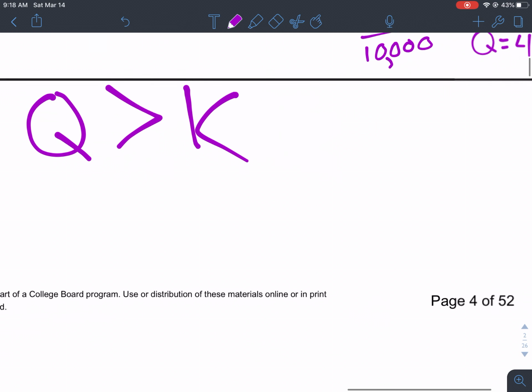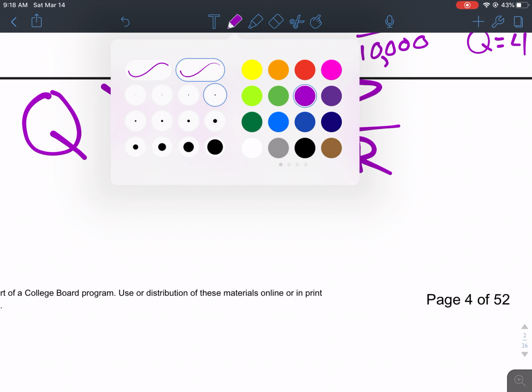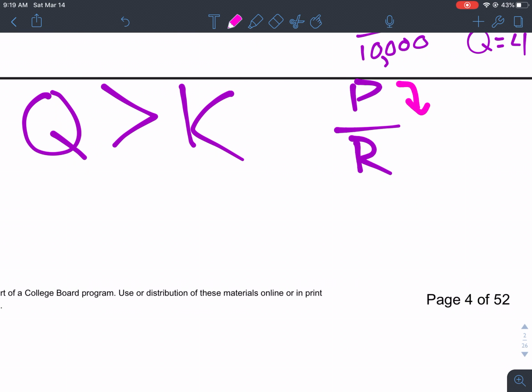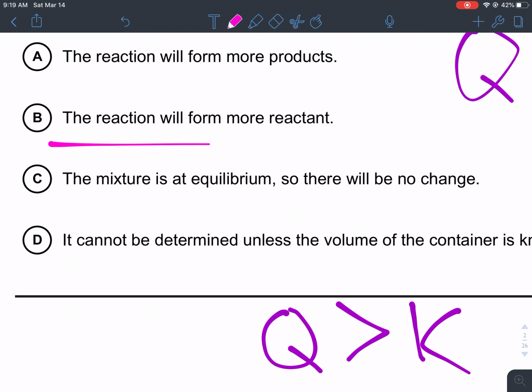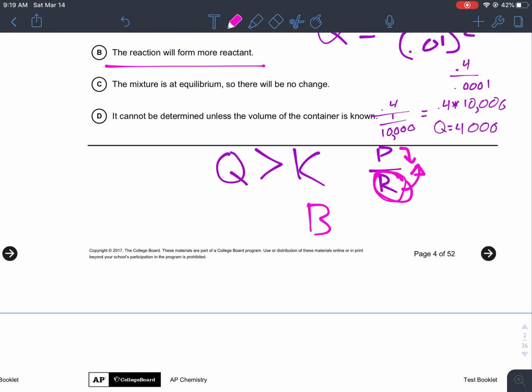If I want my Q to go lower, I either want my products to decrease or I want my reactants to increase. That'll make your number smaller because your denominator will get bigger. The correct answer is letter B. The reaction will form more reactant, because if it forms more reactant, you will lower your Q number to get equal to K.